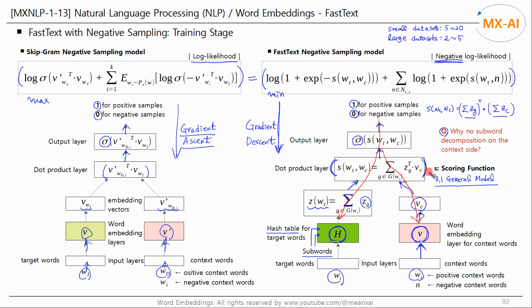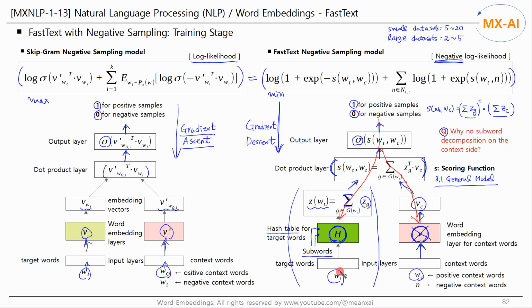There is another reason as well. Just like in Word2Vec, once training is complete, only the target side representation is used during inference. After training, the context embedding layer is no longer used. Since only the target side hash table is used during inference, OOV problems do not arise.